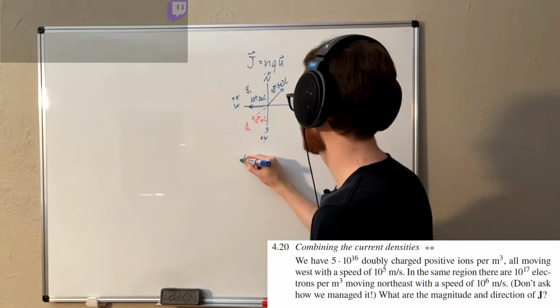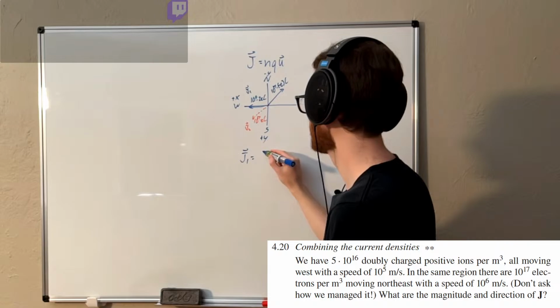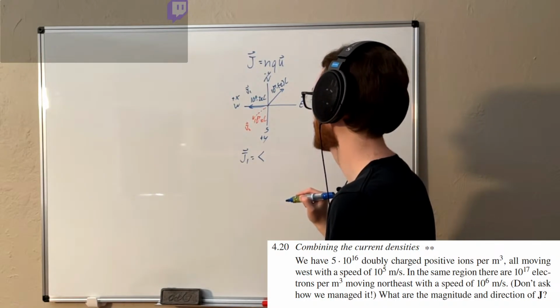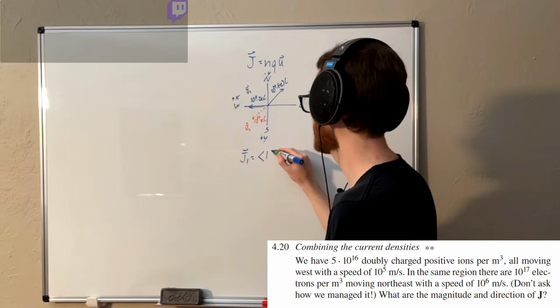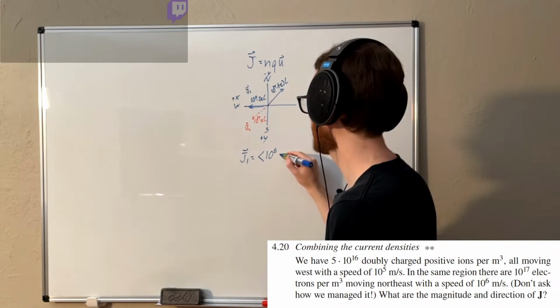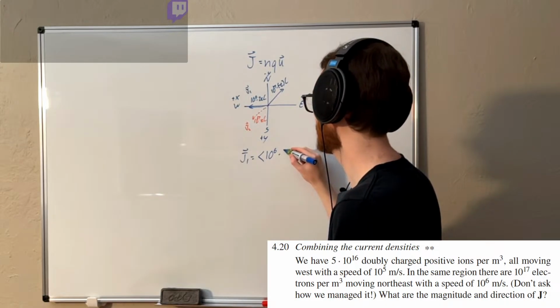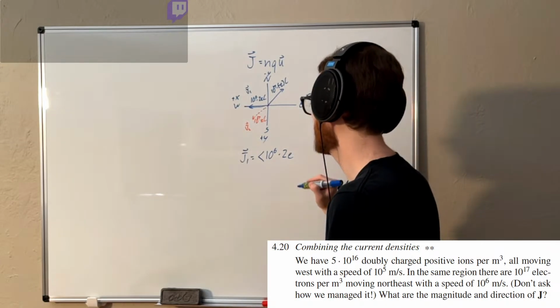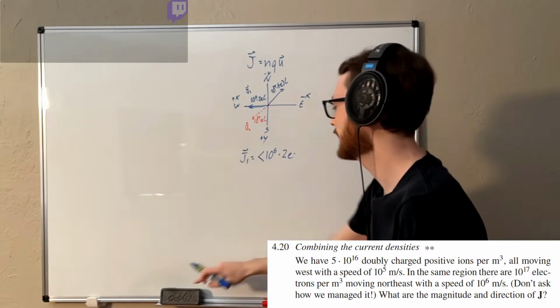All right, so J1 is NQU. So N is 10 to the 6 doubly charged positive ions times Q is 2e, I'm calling it. I hope that's right. And that's it.